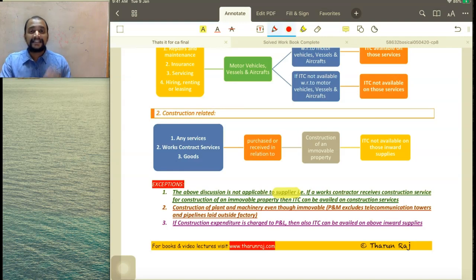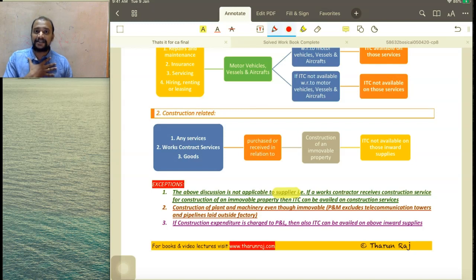Exception number one, this discussion is applicable only to supplier and not to the recipient. Correct? No. This restriction is applicable only to the recipient, not to the supplier. That is, I am constructing, I want the building to be constructed.